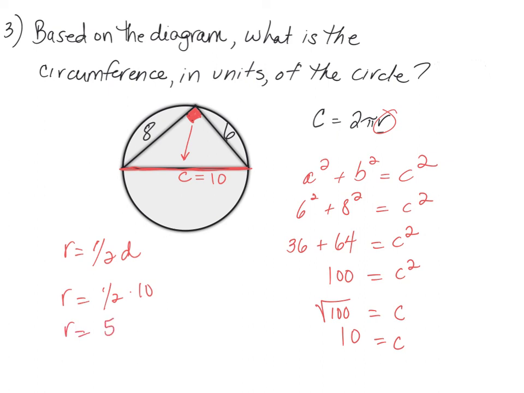Now that I have the radius, I can plug that into my formula of 2 pi r. So I get 2 times pi times 5. And because this is the first session, and you don't have a calculator, you will not be required to multiply by pi.